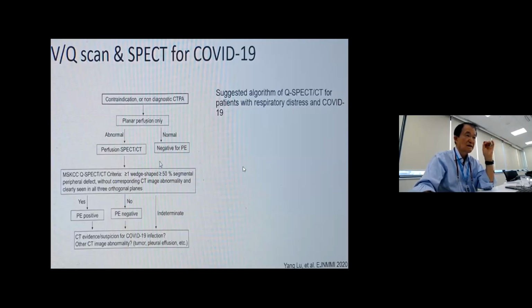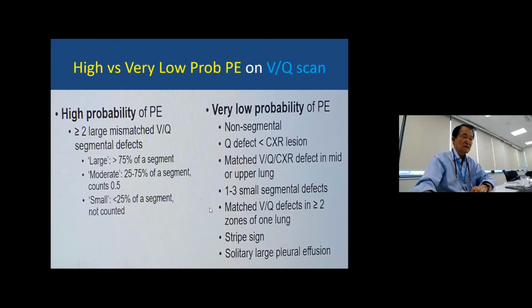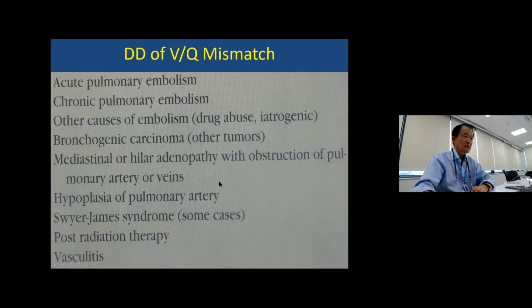So particularly with COVID, our current SPECT is better to localize precisely and detect very small things, but we need a more specific agent, as I said again. So just a high probability, very low, that's it. Nothing else in between.